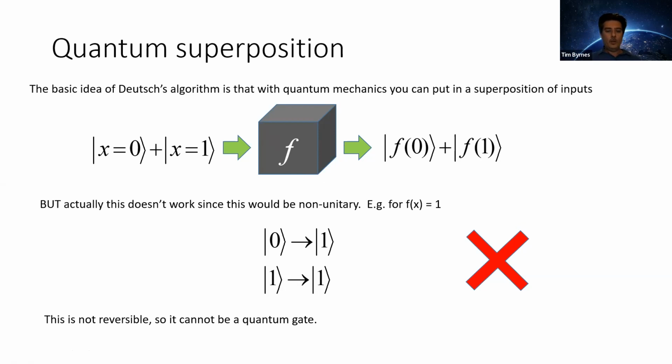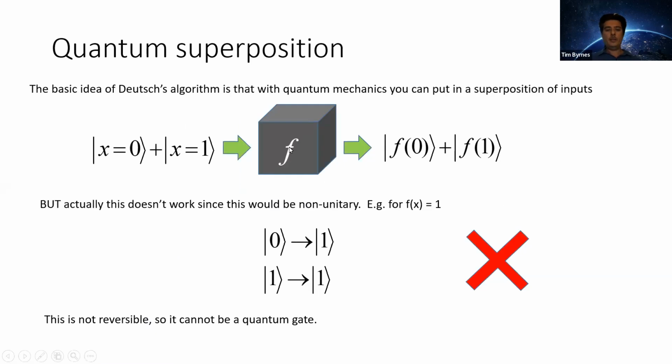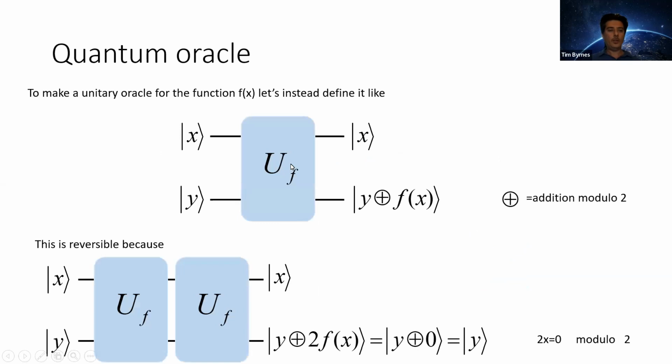So how can we make something which is unitary, so it'll conform with the laws of quantum mechanics, and we can still have this kind of superposition? Well, we're going to do something similar to what we did some slides ago, where we had a similar problem.